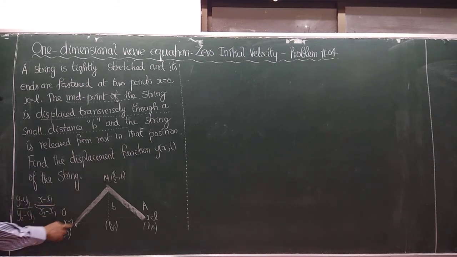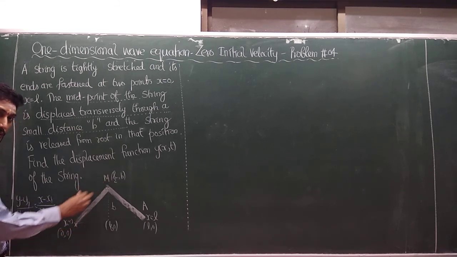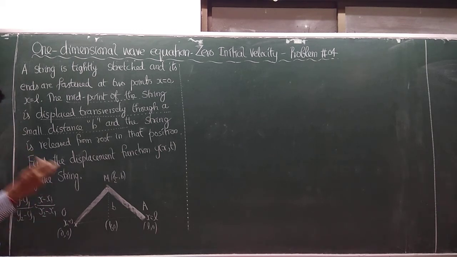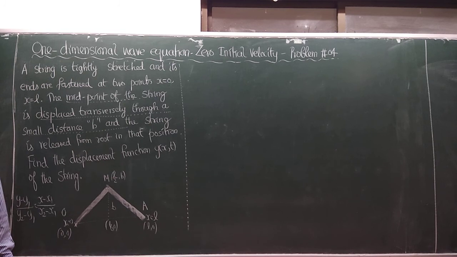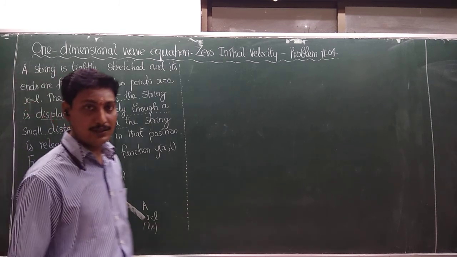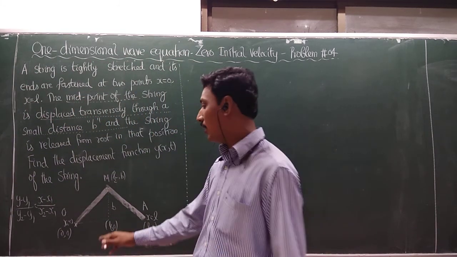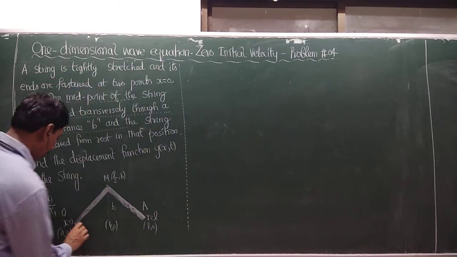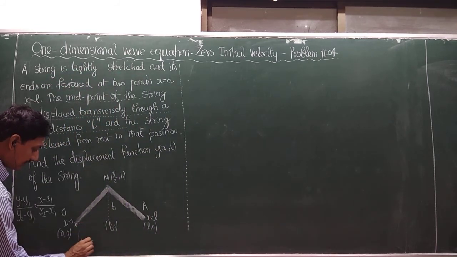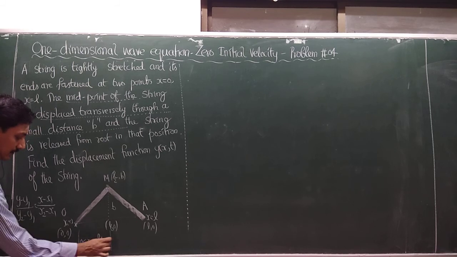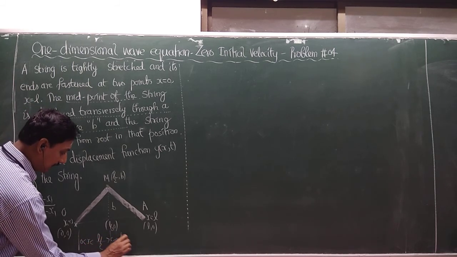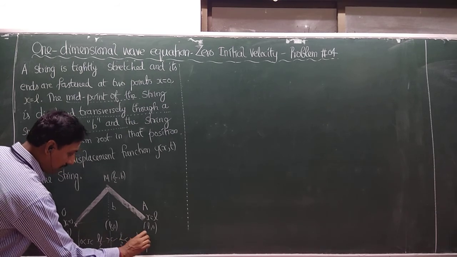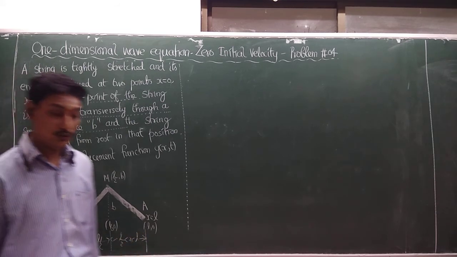By using the 2-point formula for the first half, equation OM, we get the initial displacement. For the second half, MA, we get another displacement function. So for the first half, 0 less than x less than L by 2, what will be the displacement function? For the second half, from L by 2 to L, what will be the displacement function? That's the first question.